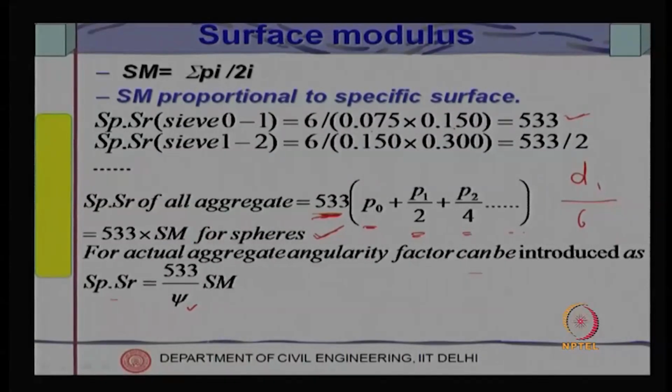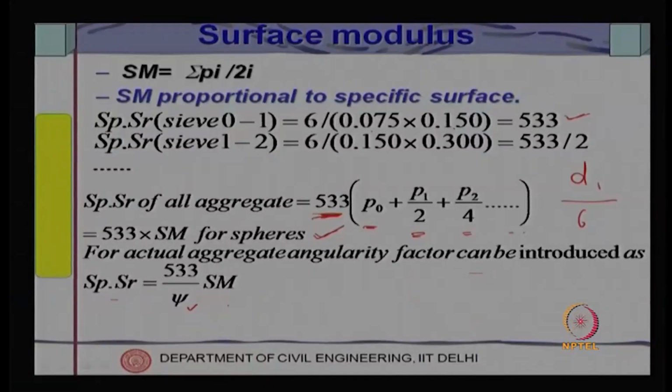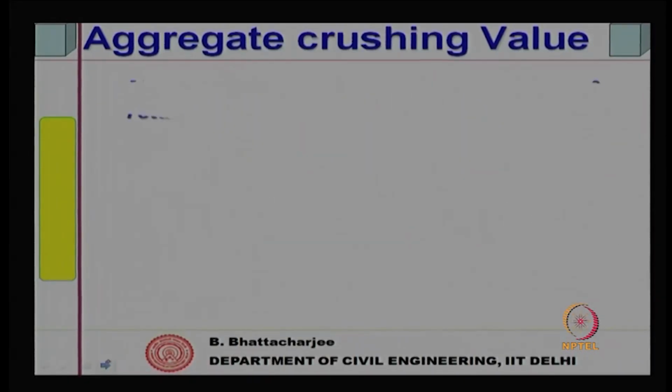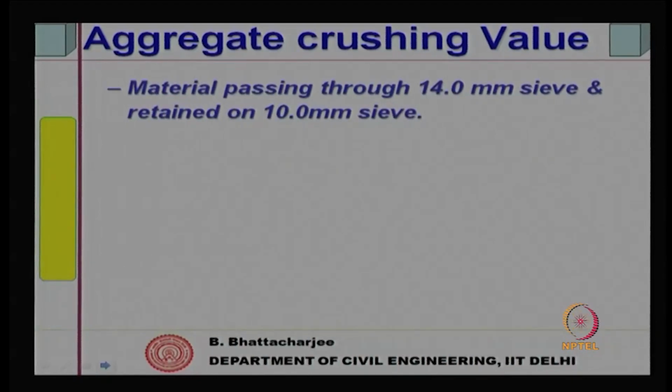So, this is the surface modulus. For a spherical particle, the surface area is minimum; for an irregular shaped particle, surface area will increase. So 1 by xi, which increases with irregularity or angularity, will be the specific surface. From surface modulus you can calculate the aggregate surface area, the specific surface of aggregate, that is area per unit volume, and get an approximate idea about this. Some of the mix design methods use surface modulus as a parameter to compare two different aggregates.